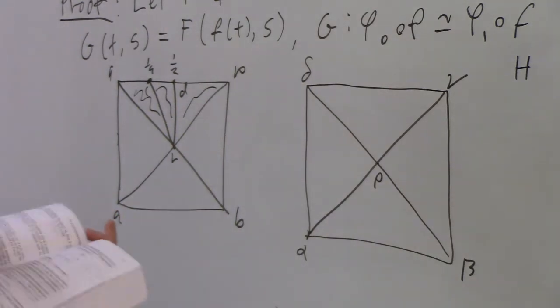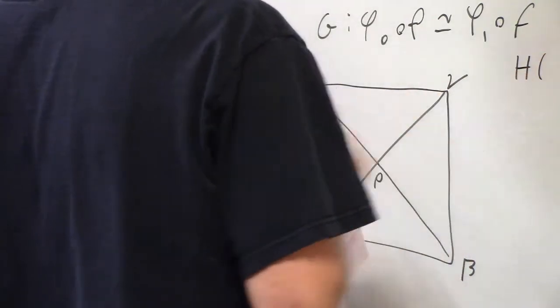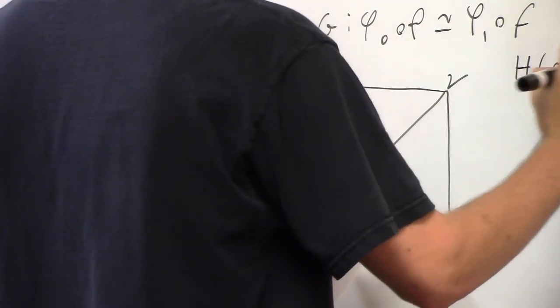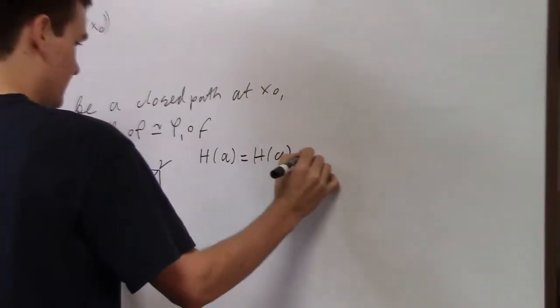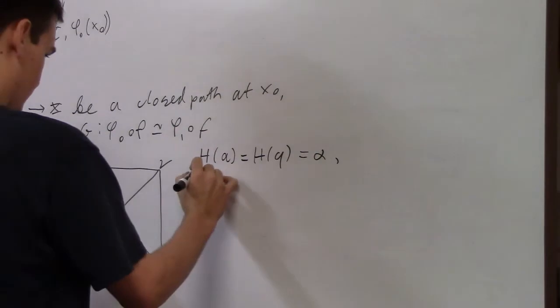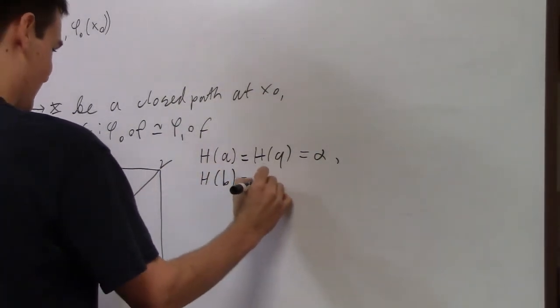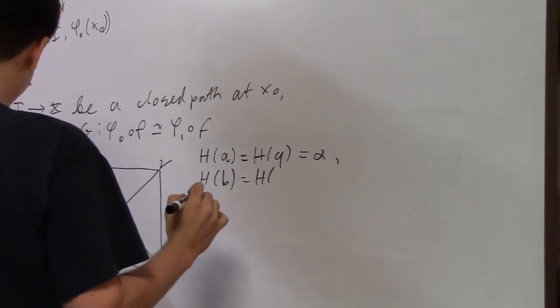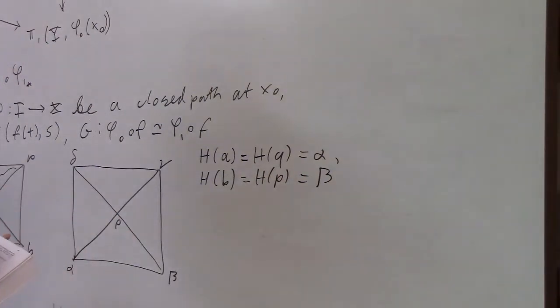And so, let's see. He says define h of a equal to h of q. He sends both of those to alpha. Define h of v equal h of p equal to beta.